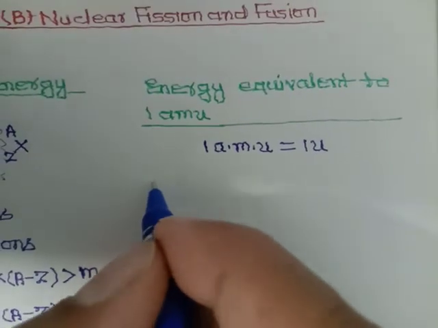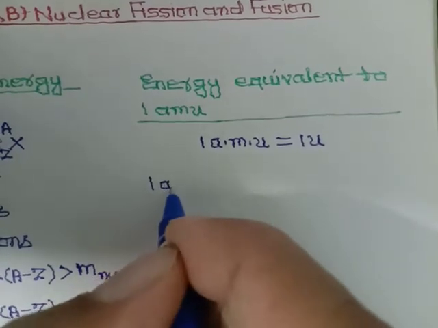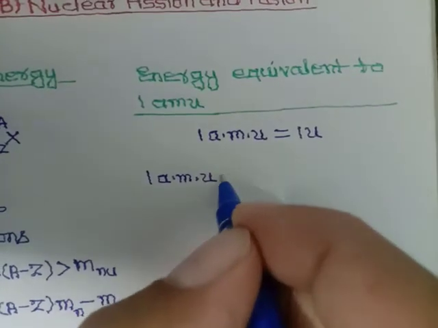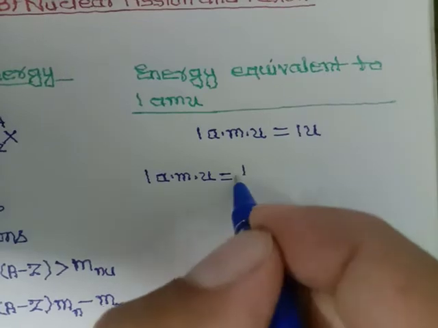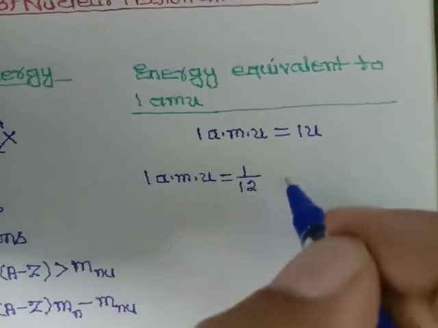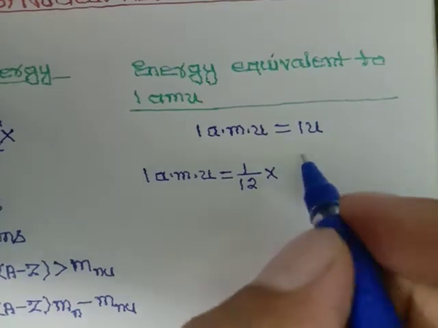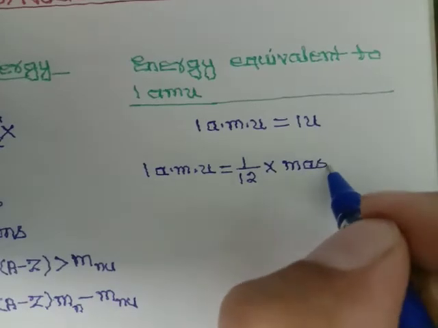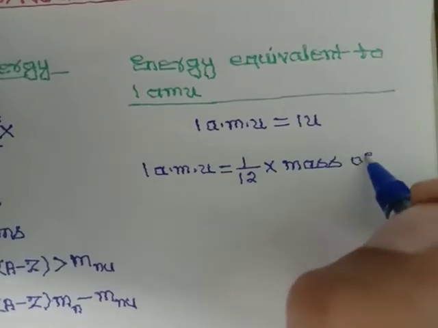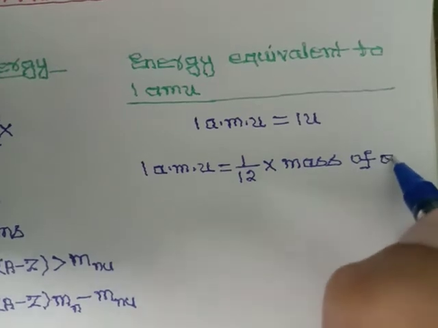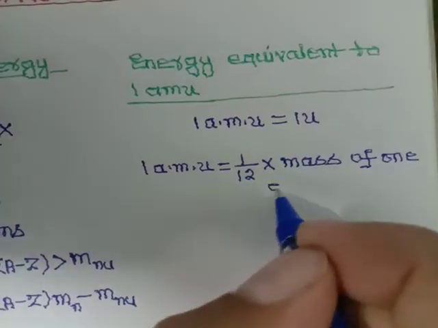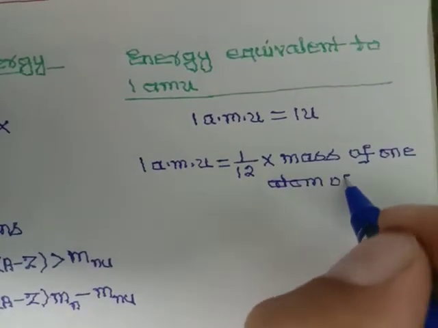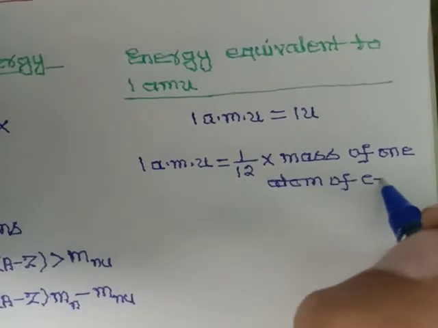So first, according to the definition, 1 atomic mass unit, or simply 1 u, is equal to 1 by 12 into the mass of one atom of carbon-12. All right.